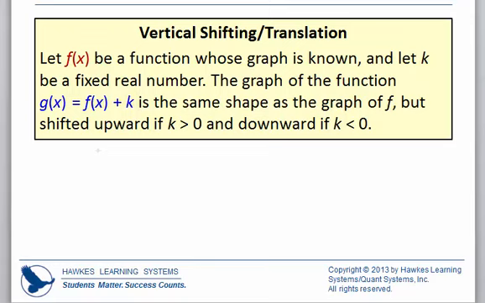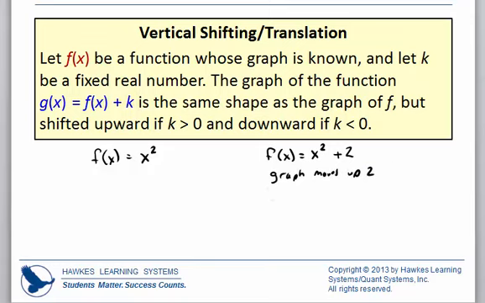So again, this is saying that if you take a base function, like your square function, and then you add a number to the end of it, so not a replacement like we saw in the horizontal shift, but simply tacking onto the end of the function maybe a +2, then this is going to cause the graph to move up 2 units.